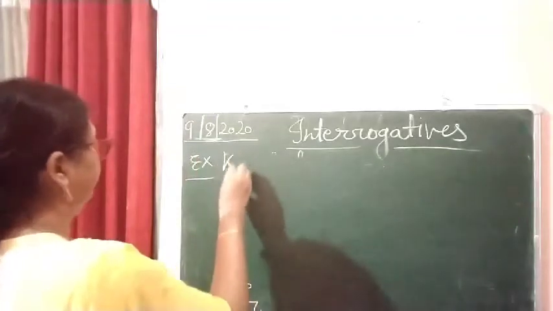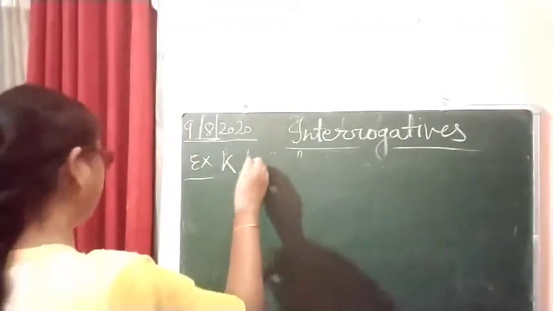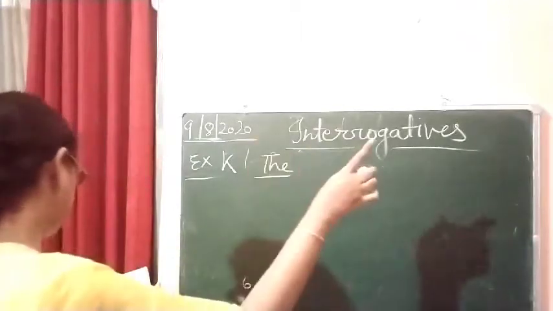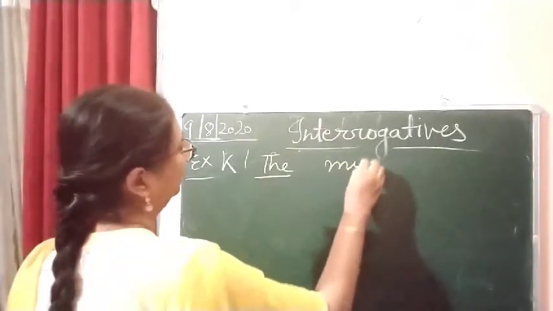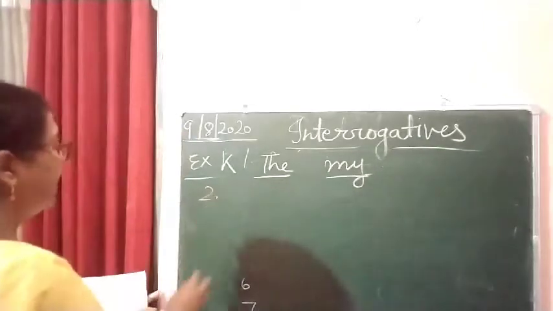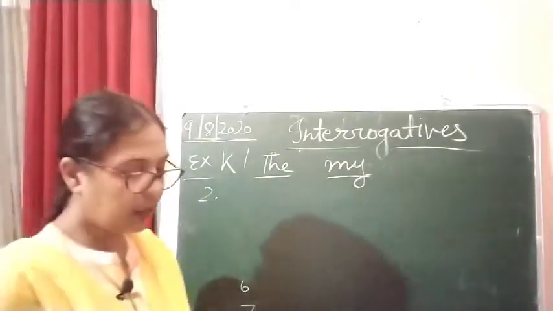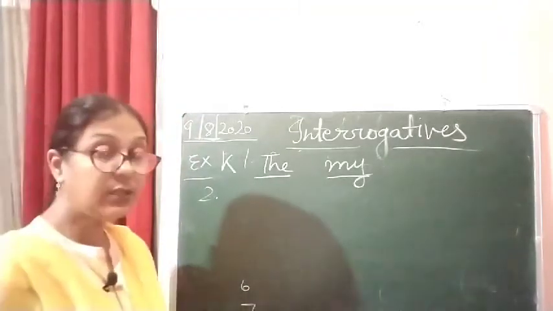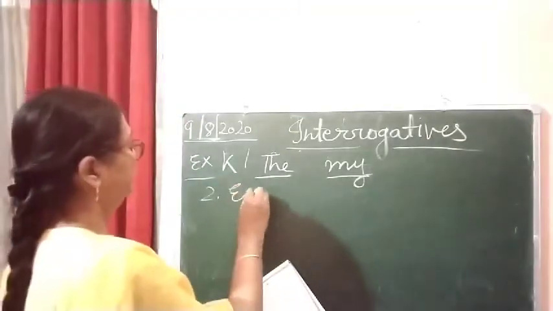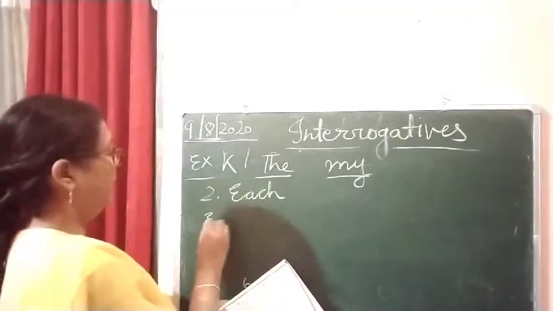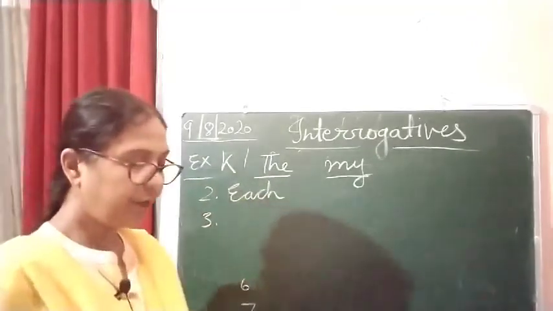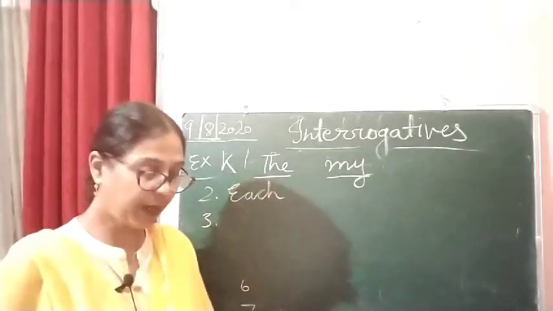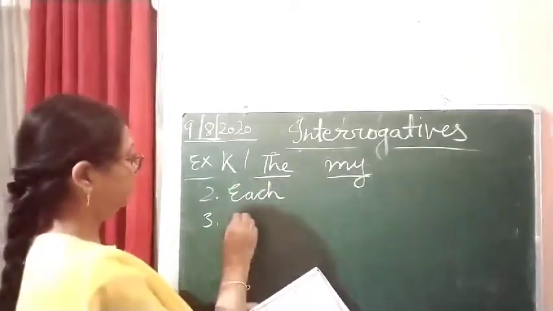So in the first we are going to put a tick on the and then my. In second number: each or much student of the class was given a story. Each student. In third: did you face any or few problems while coming here? Did you face any problem?